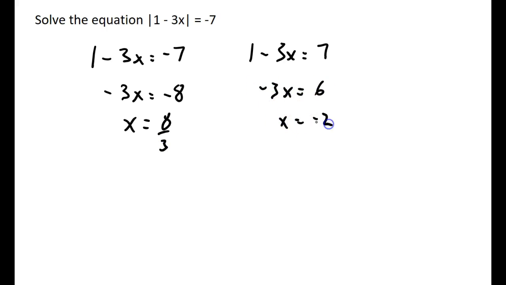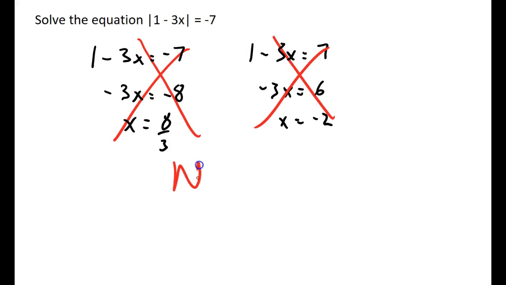So x equals -2. However, the answer is no solution. And why is that? Because you can't have an absolute value equal to a negative number. So watch out for that. That's a tricky question.